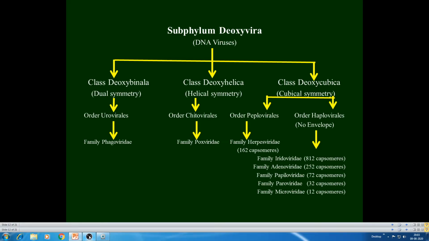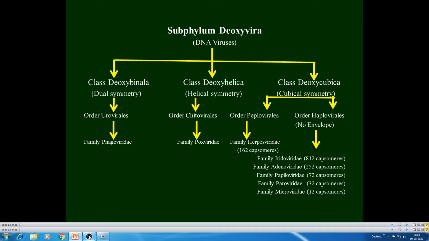Depending upon the symmetry, we have seen the helical symmetry, the icosahedral symmetry, and the cubical symmetry. Class Deoxybinala means bi, two, dual symmetry. Class Deoxyhelica, helical symmetry, and cubica means cubical symmetry.